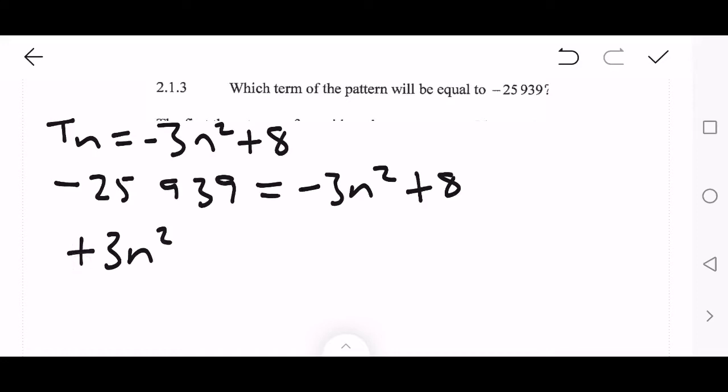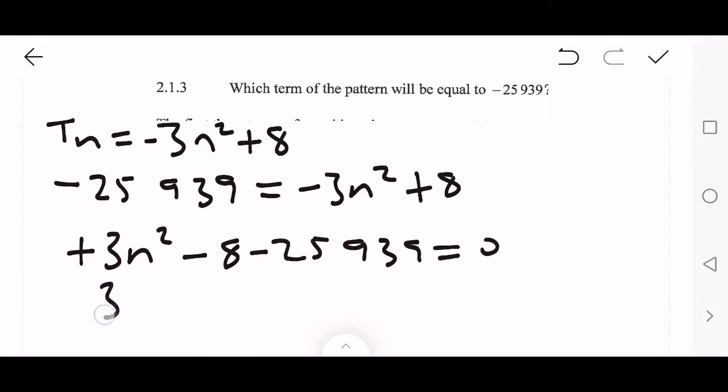So now transposing everything to the left hand side, sorry, it's a plus 3n squared minus 8 minus 25,939 equals 0. So 3n squared minus 8 minus 25,939, that will give us the sum of 25,947 equals 0.